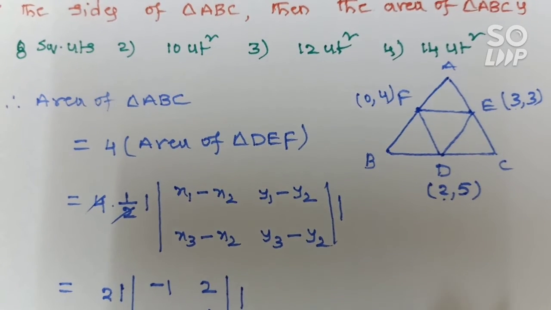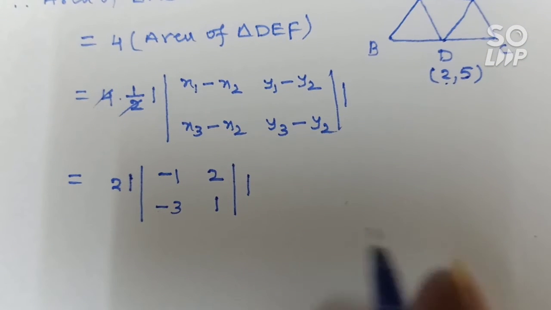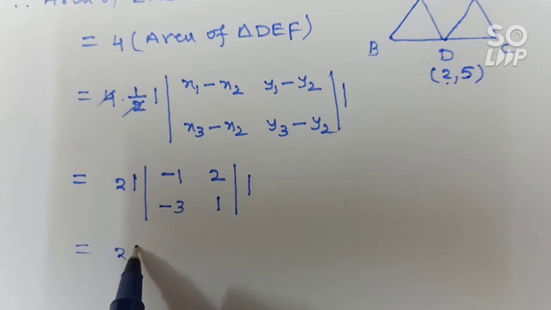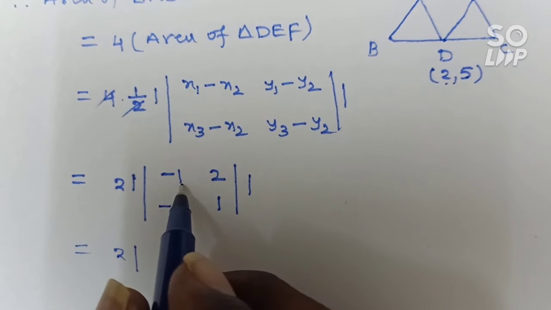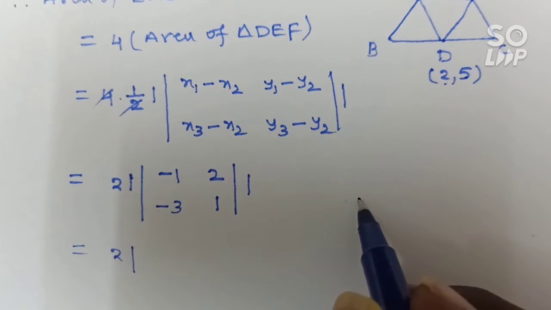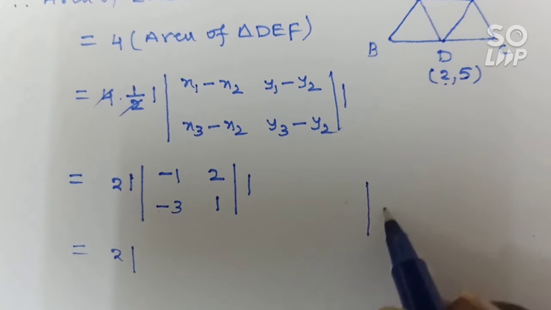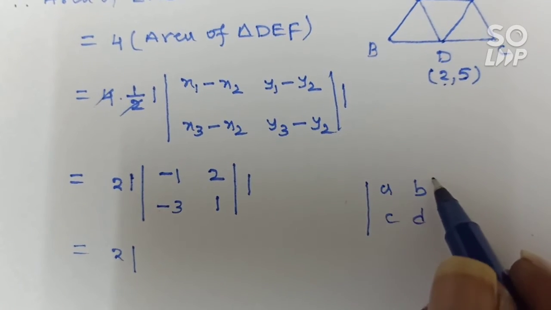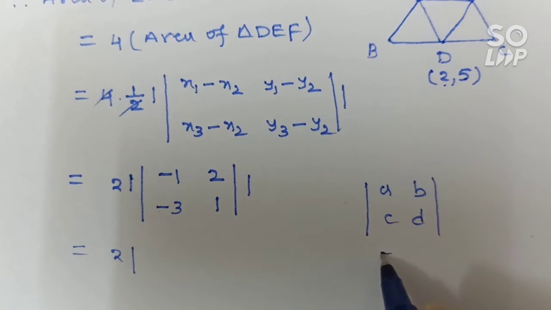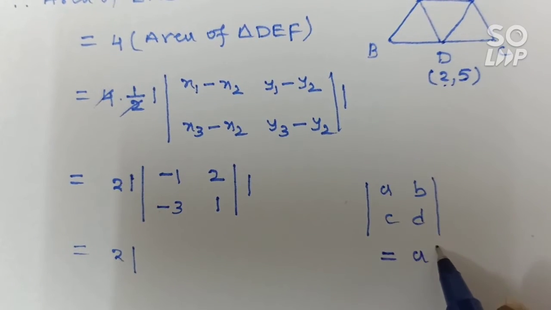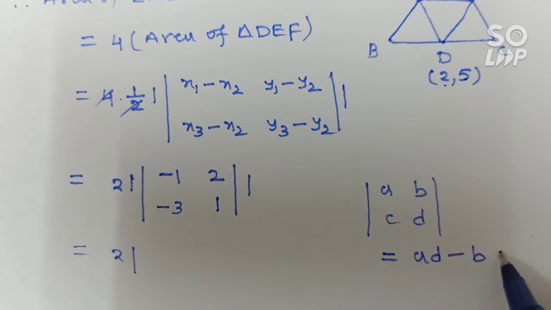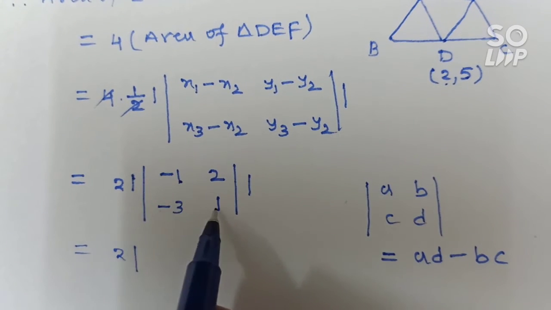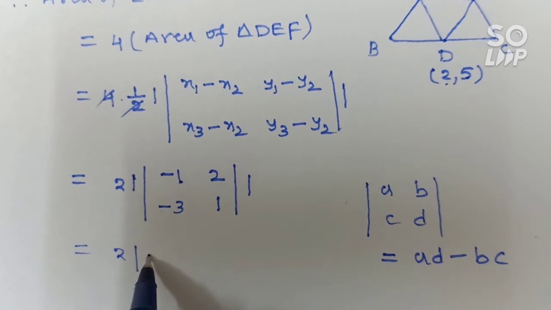Now you see how we can expand this value. This we can write as 2 times the modulus of the expansion. See, here I am writing the determinant of A, B, C, D. The expansion of this will be A into D minus B into C. By using this formula, A into D is minus 1 into 1, which is minus 1.